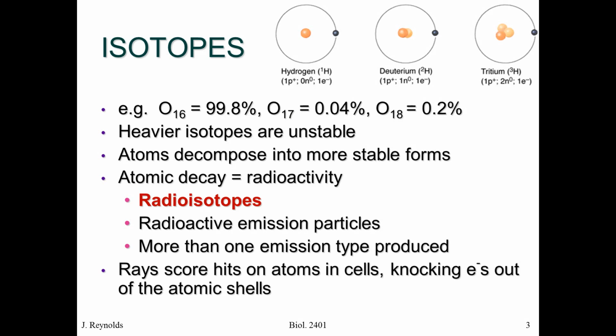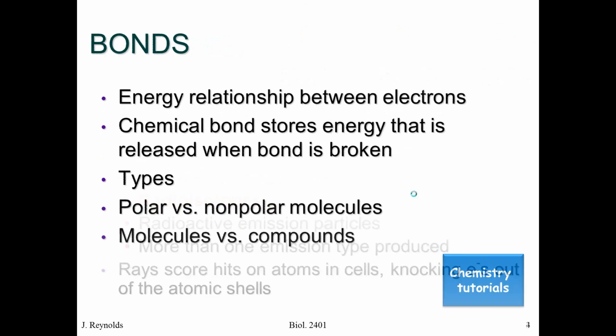The heavier isotopes tend to be unstable. If they're really unstable, they can generate radioactive rays of different types. They're called radioisotopes. They produce various emissions, alpha, beta, gamma. Just wanted to mention that.